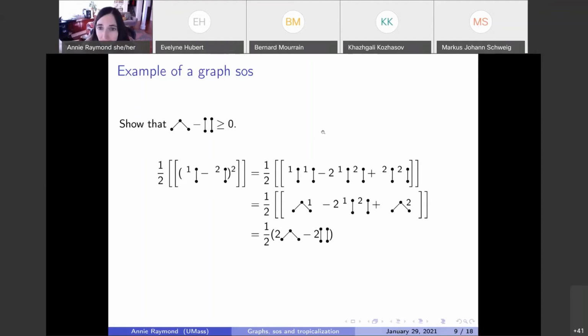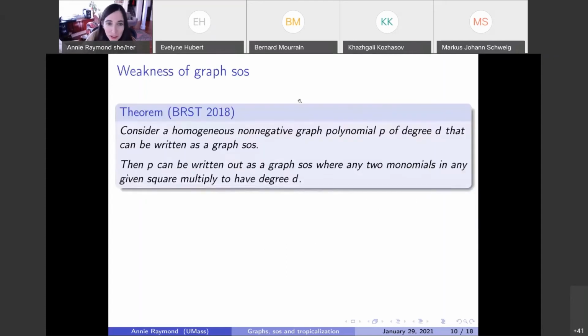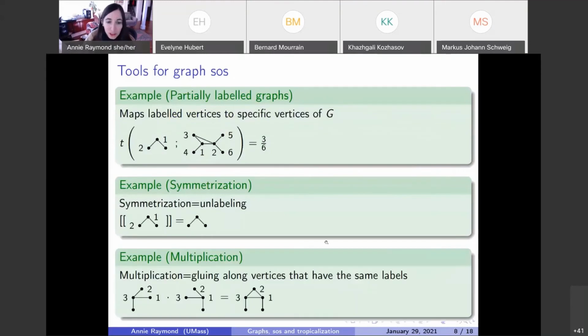Monique asks, the multiplication of graphs is defined so that the density of the product is the product of densities. Monique, can you explain what you mean?